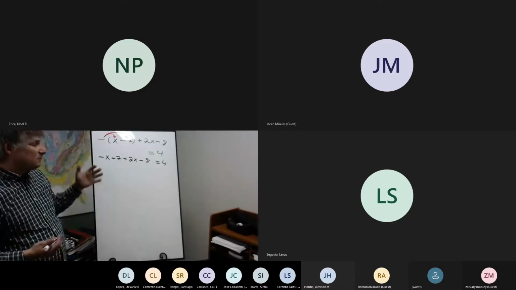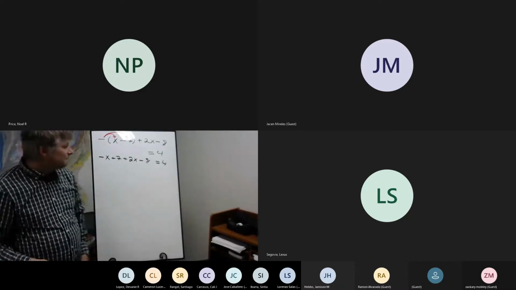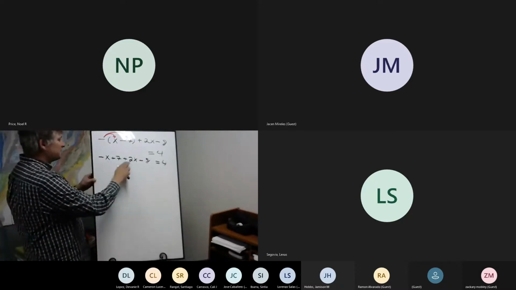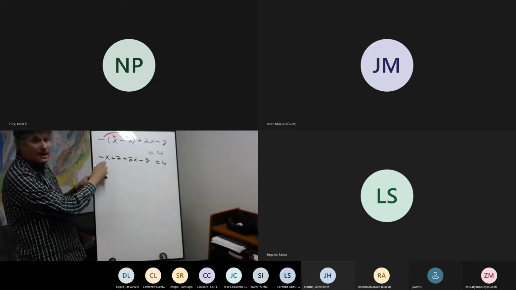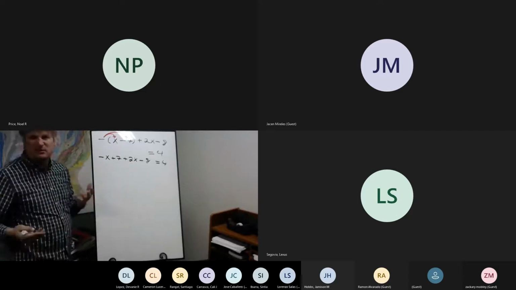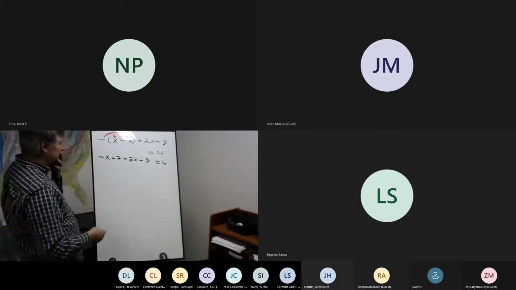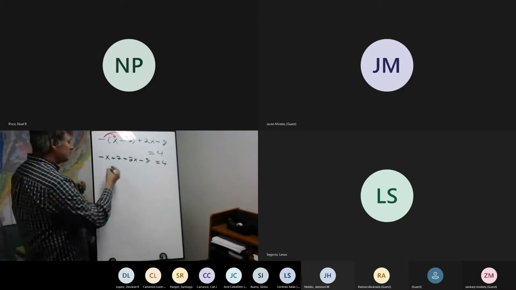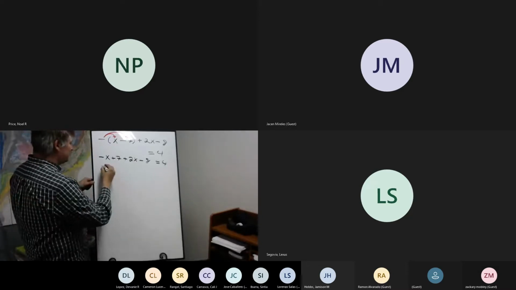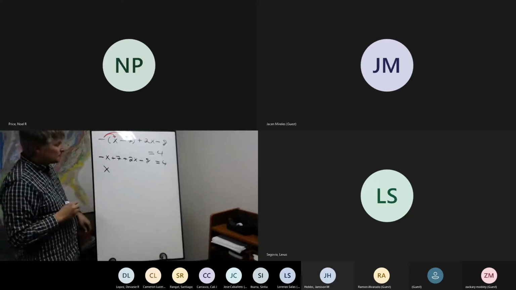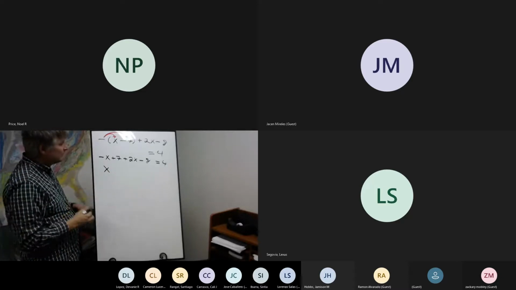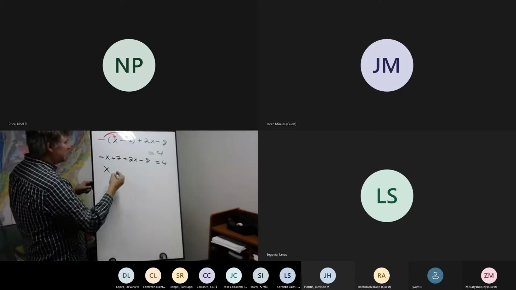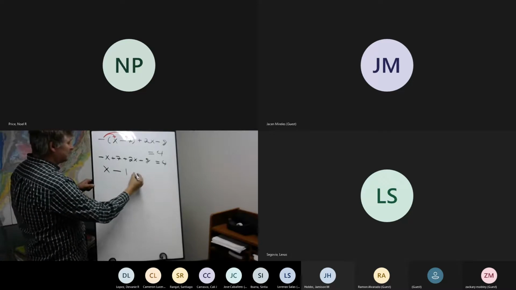So now we got to combine like terms. So we have x terms, negative 1x. Negative x is the same as negative 1x. A positive 2x. So negative 1 plus 2 gives you 1, or x, single x. 7 and negative 8 is negative 1.